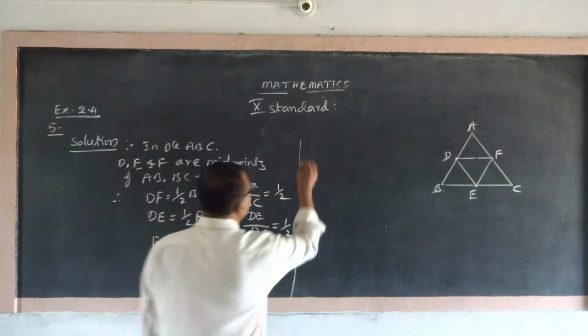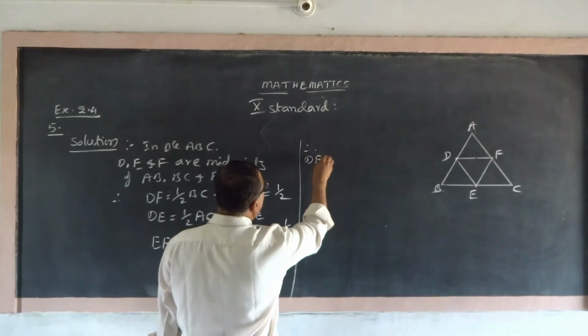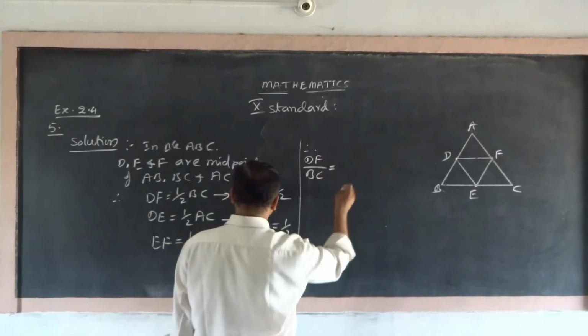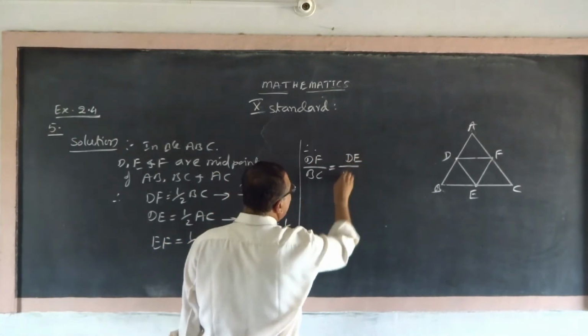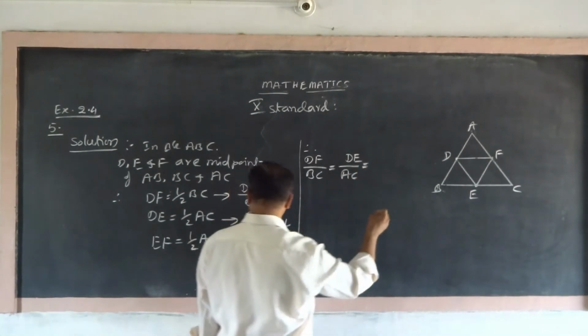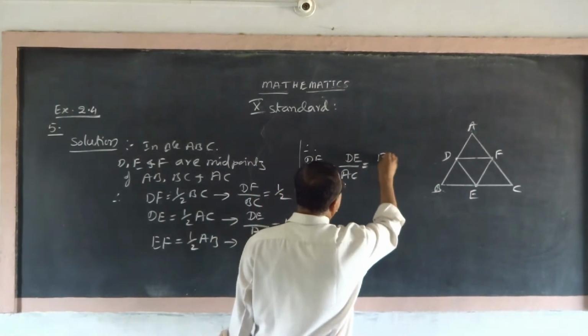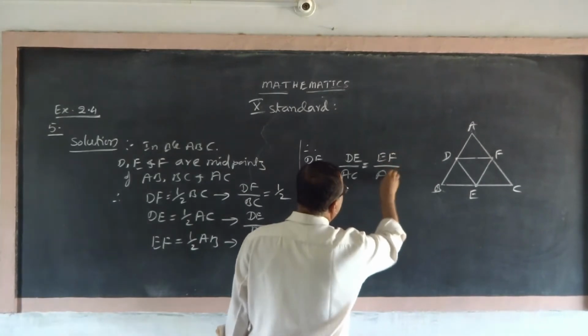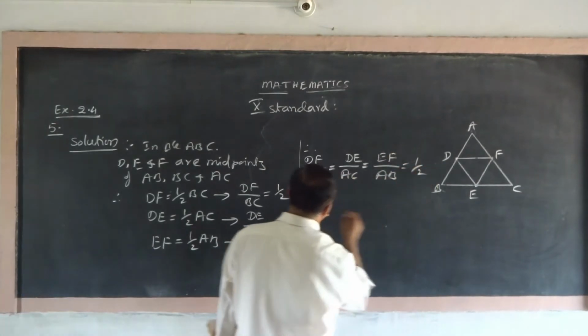So now, DF by BC is equal to DE by AC is equal to EF by AB, that is half.